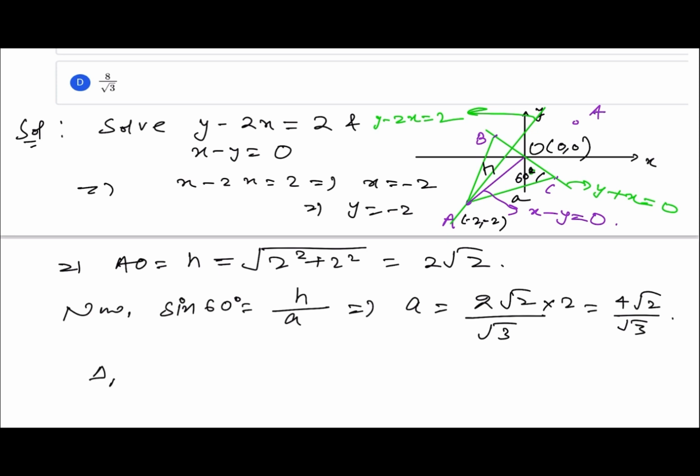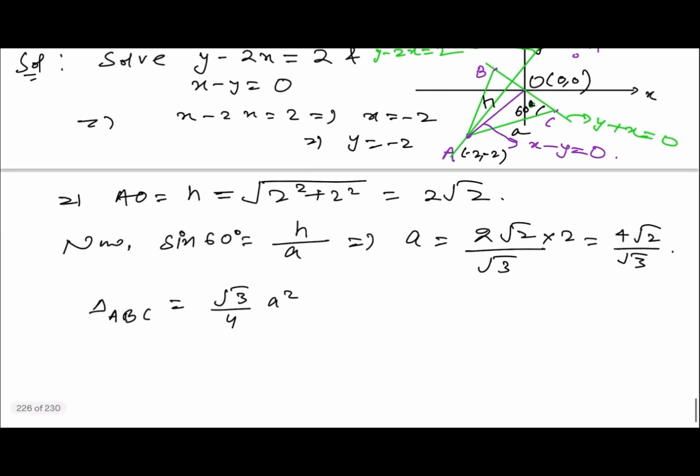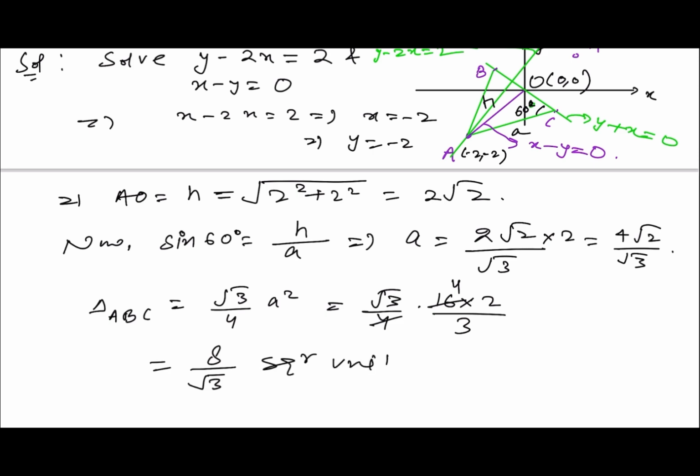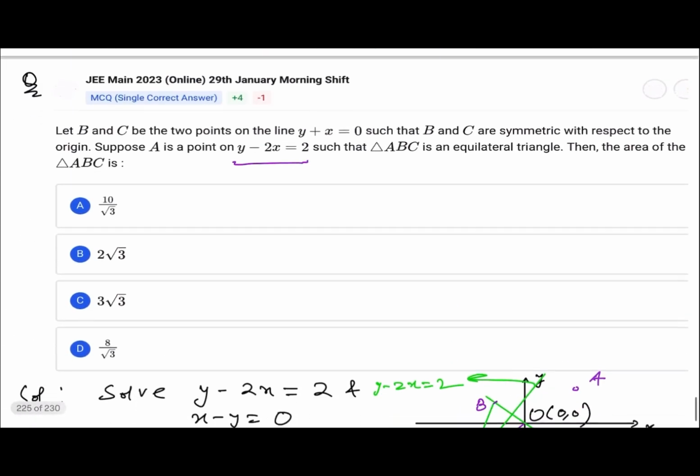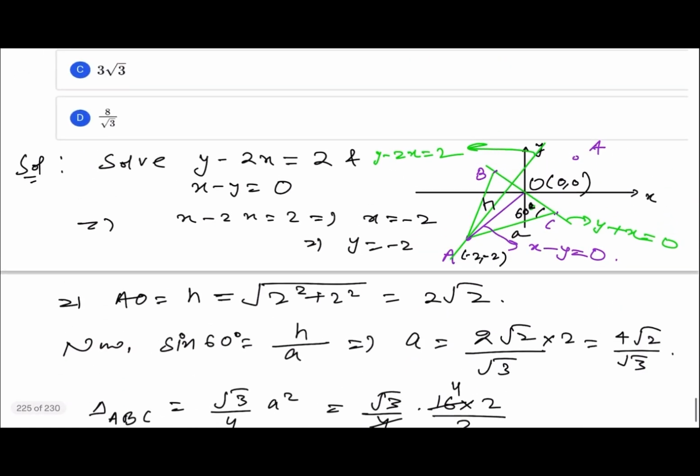So area of triangle ABC is root 3 by 4 a square. We all know very well the area of an equilateral triangle. So root 3 by 4 a square, that is 4 fours are 16 into 2 upon 3, so this is 8 by root 3 square units is the area. So option D is correct.